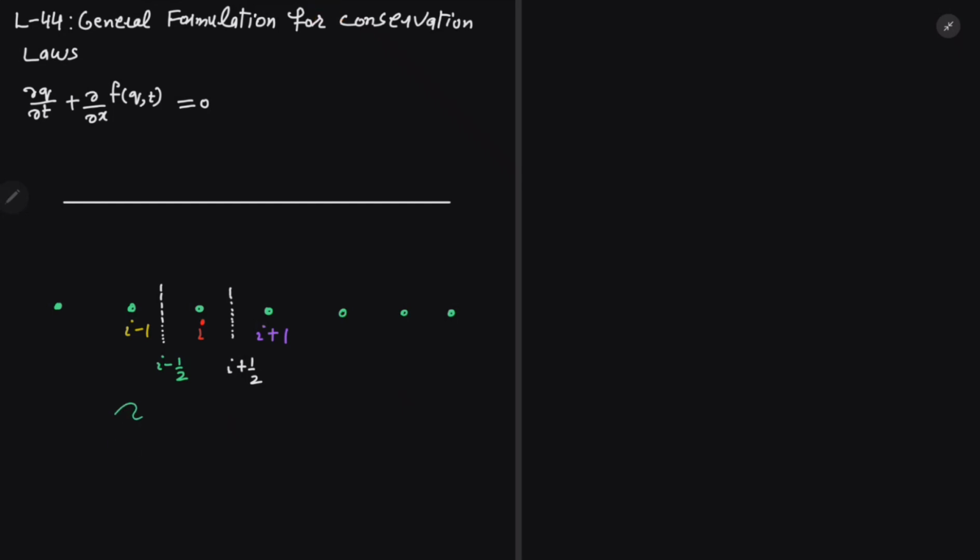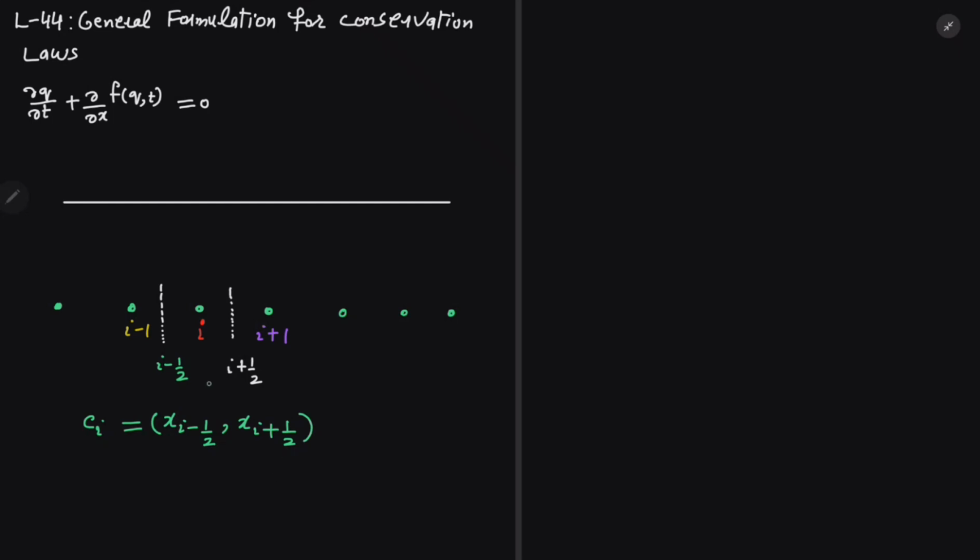So we define, for example, C_i, which represents a cell or volume, from x_{i-1/2} to x_{i+1/2}.